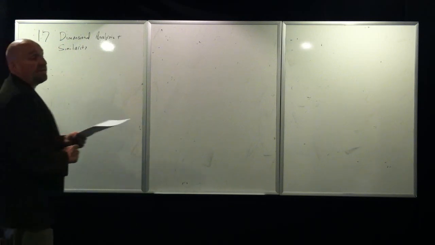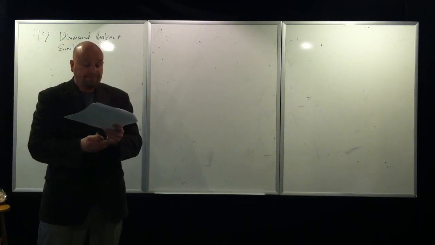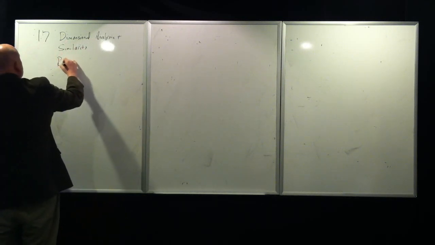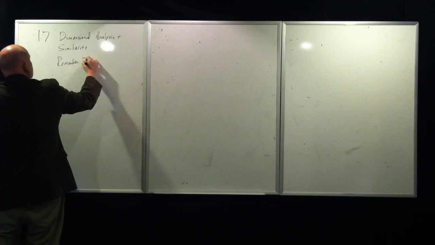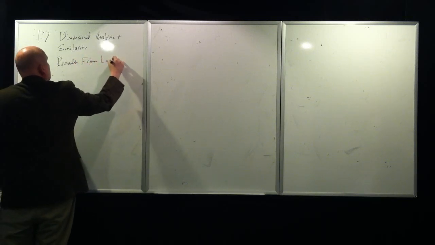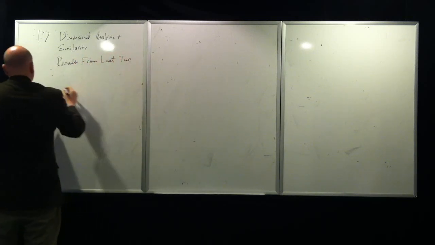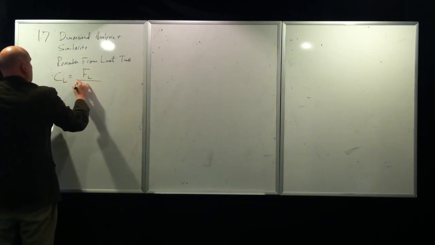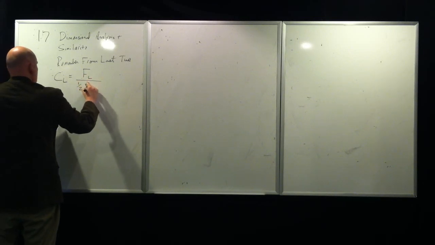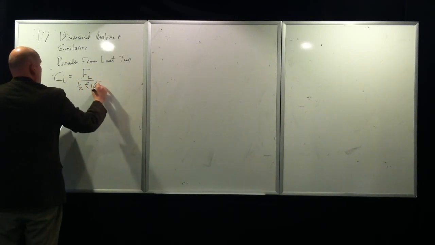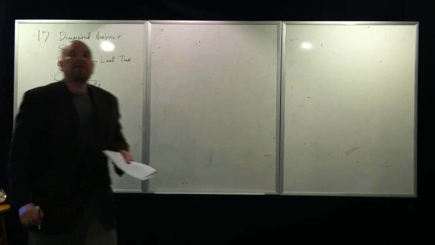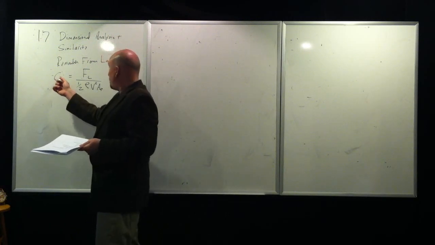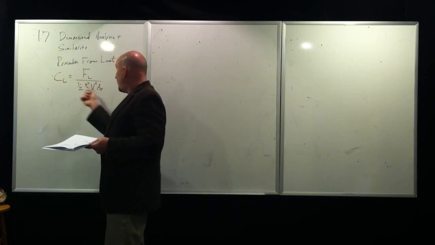So, continuing with where we left off last time, we worked with lift. From last time we had the formula for force of lift in terms of coefficient of lift multiplied by this quantity.